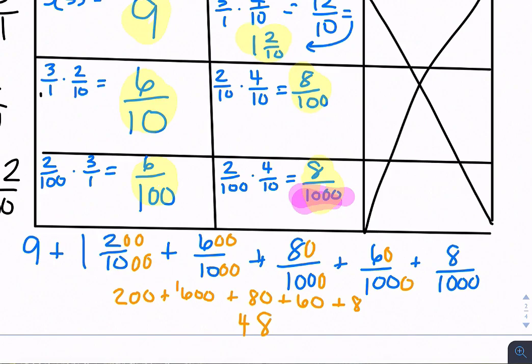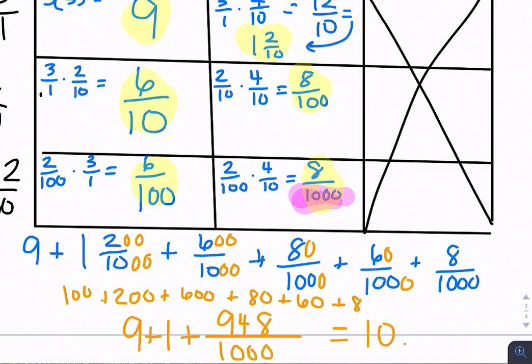I'll double check to make sure I'm doing this correctly. I need to add another 100. So I have 948 over 1,000. So I have 9 plus 1 plus 948 over 1,000. So this would be 10 plus 948 over 1,000, or 10.948.